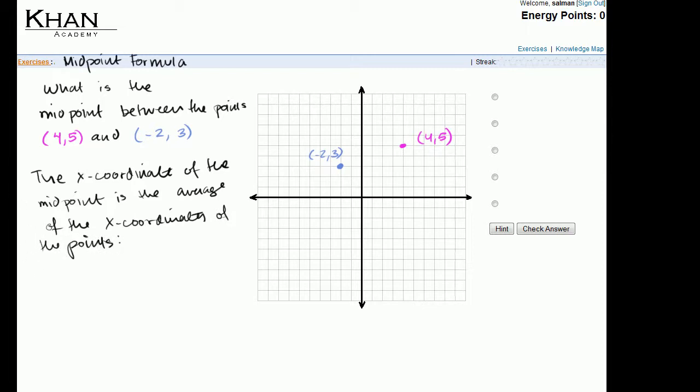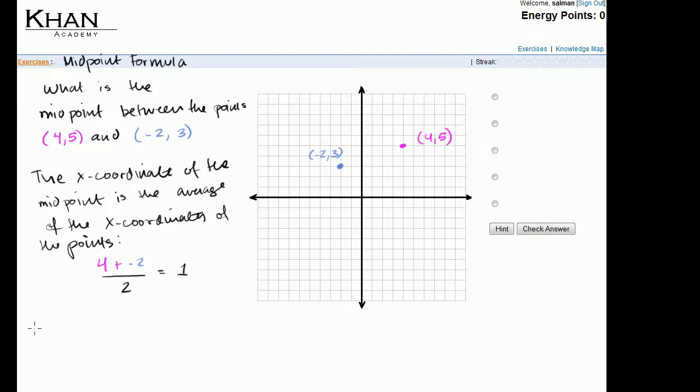And so we could write 4 plus -2, all of that over 2. 4 plus -2 over 2 is 2 over 2, which is equal to 1.